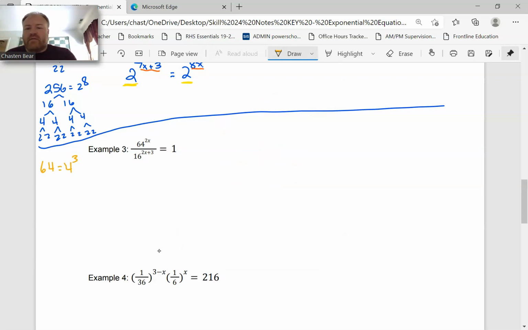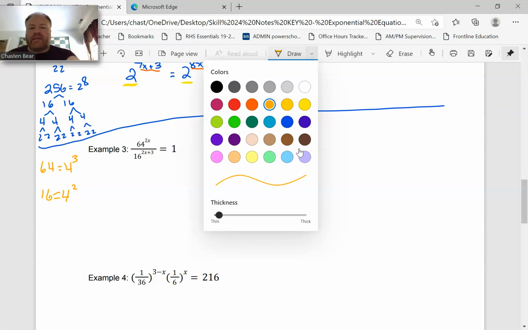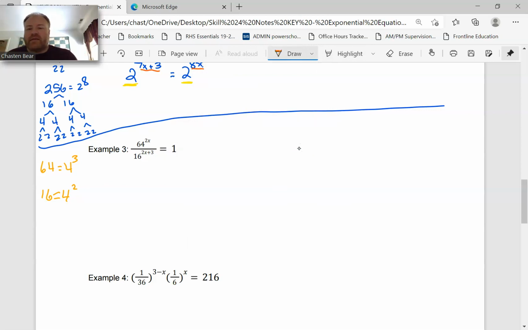But you could have also said, well, wait, 64 might also be 2 to the 6th, and 16 is 2 to the 4th. So you could have used a base of 2 as well, is what I'm saying here. So doing that, I'm going to replace those 16 and 64 with their equivalent expression.